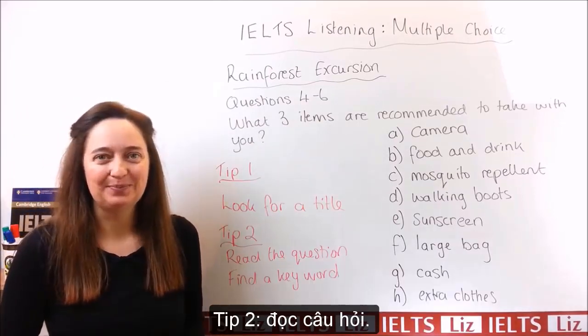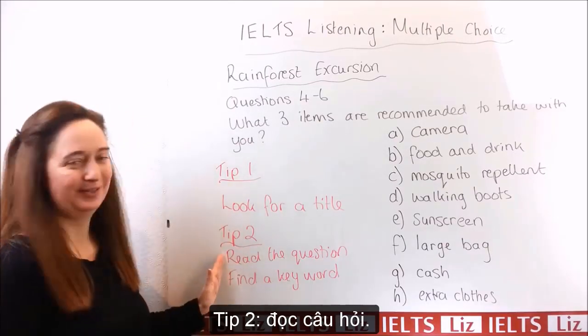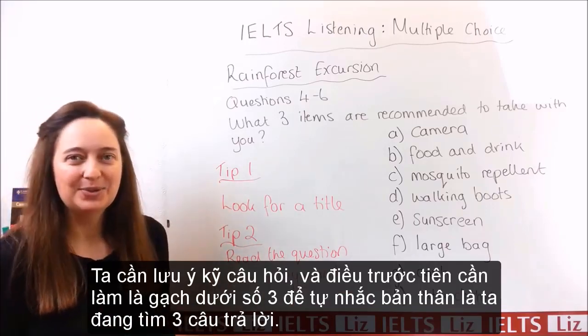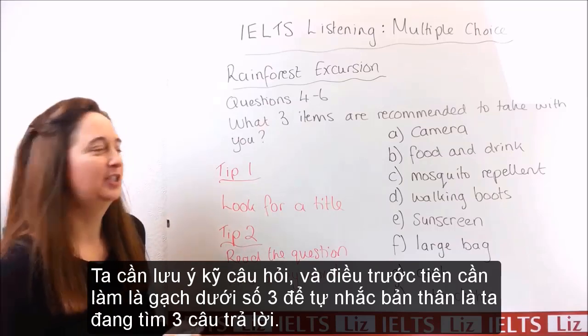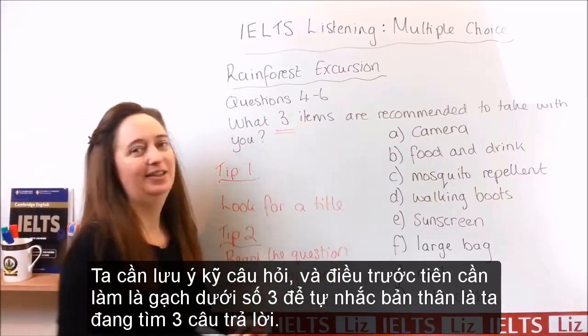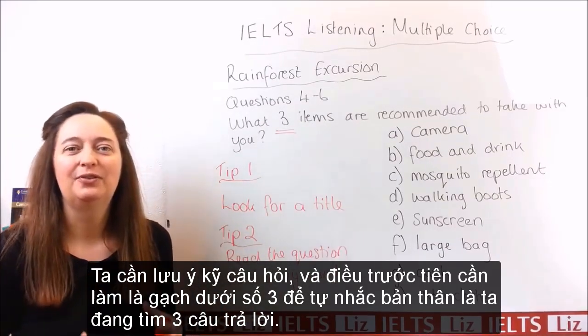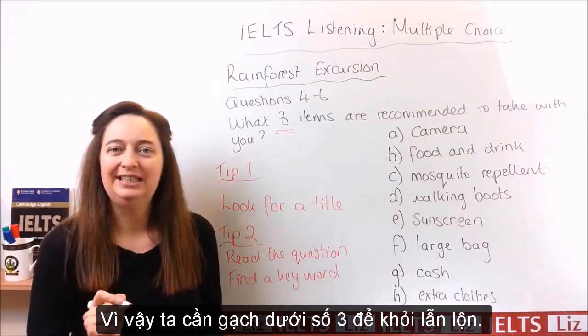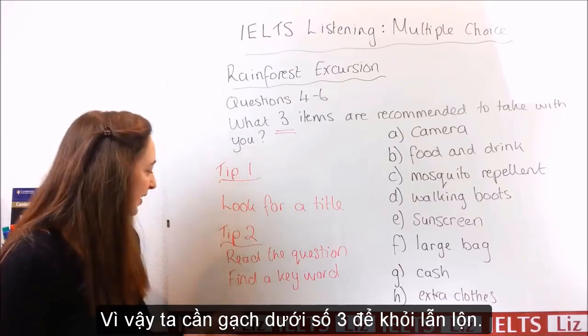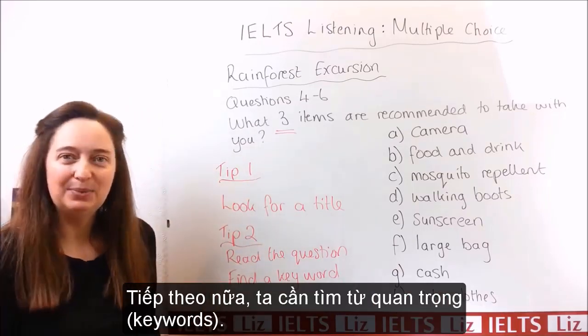Tip number 2, read the question. You need to pay close attention to the question. And the first thing we're going to do is underline the number 3. Because we're looking for 3 answers, we don't want to forget that. So underline it so you don't get confused. The next thing is to find a keyword.